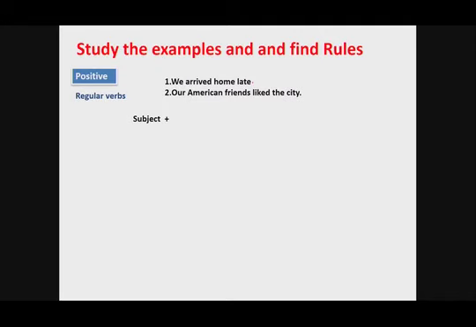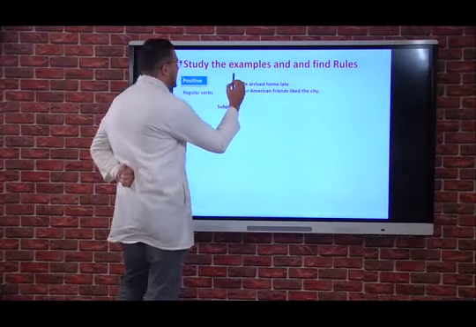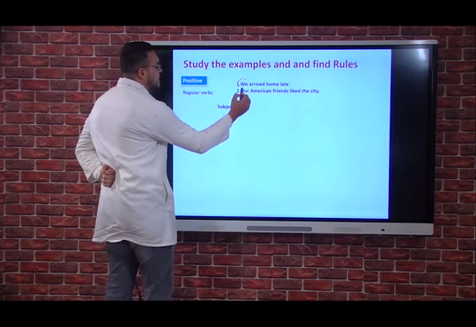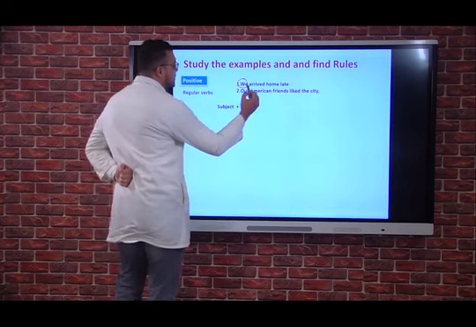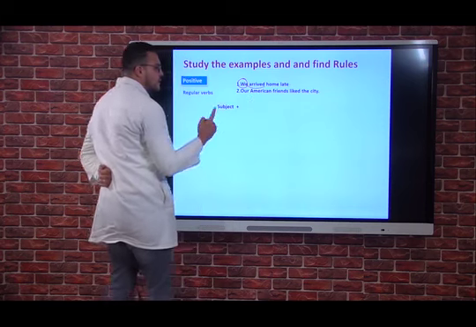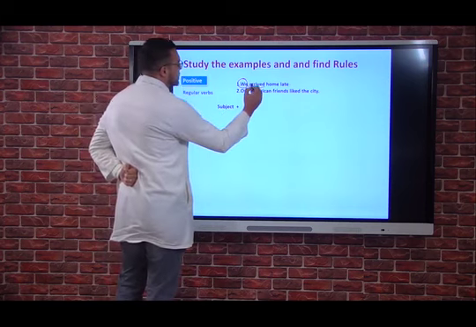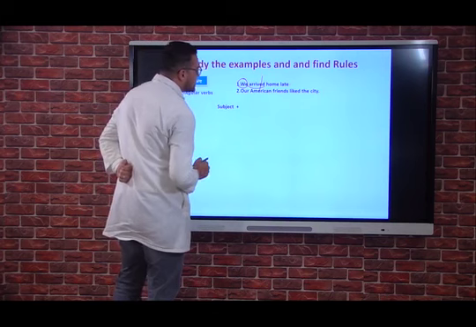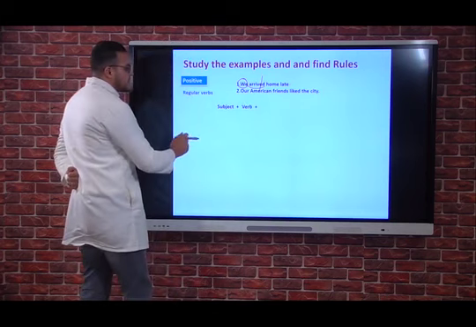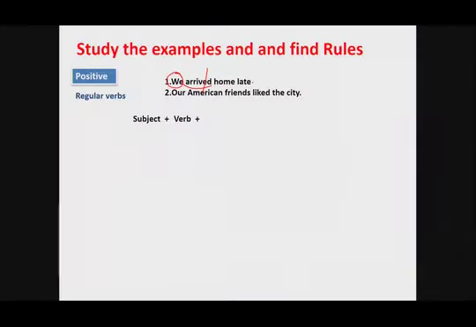So we need a subject plus what? Let's see what we have in example number 1. We need the subject pronoun, which is we, plus, what is this in here? That's it. This is the verb to arrive. So I have subject plus verb plus ed.